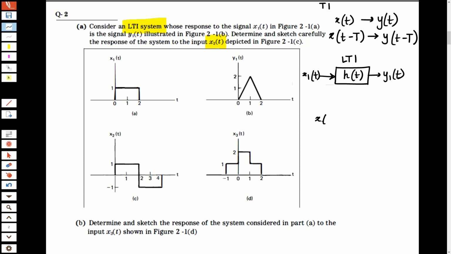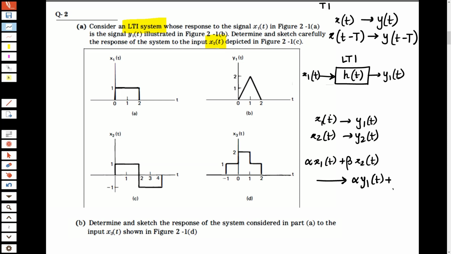That means if x1t gives y1t and some x2t gives y2t, a system being linear means that alpha times x1t plus some other beta times x2t, if this is the input, it would still give alpha times y1t plus beta times y2t.